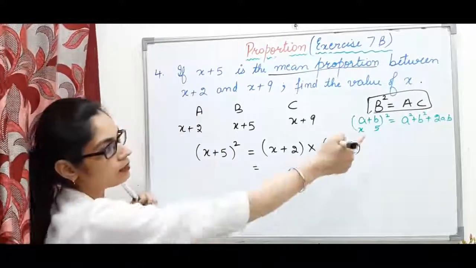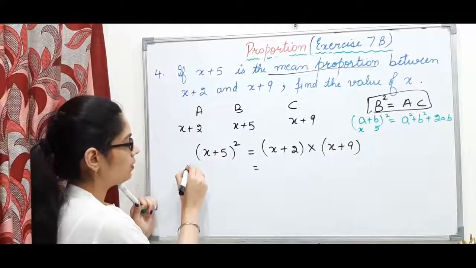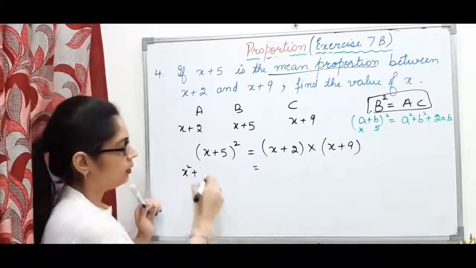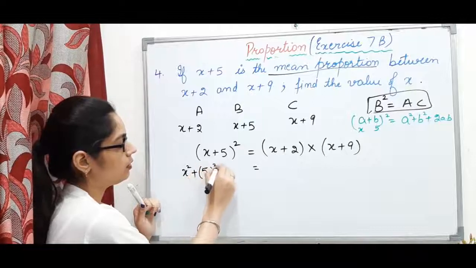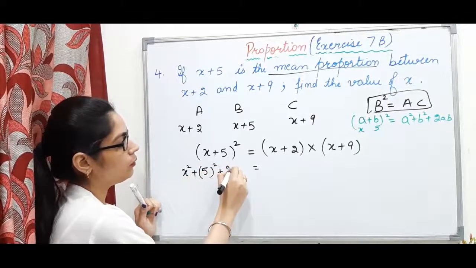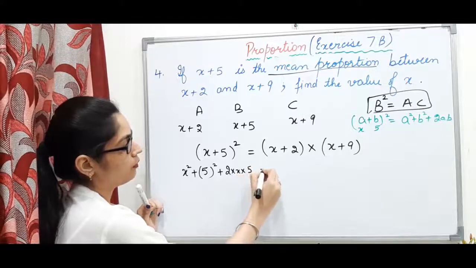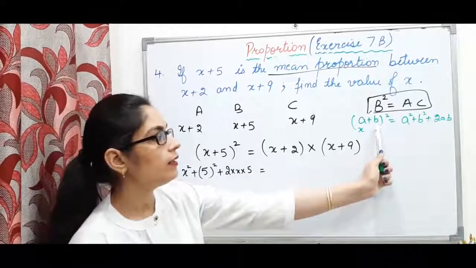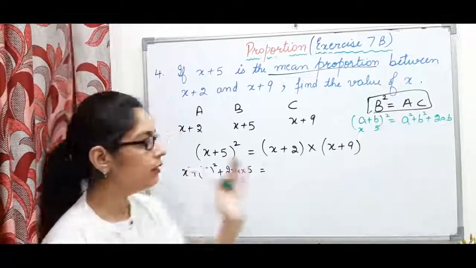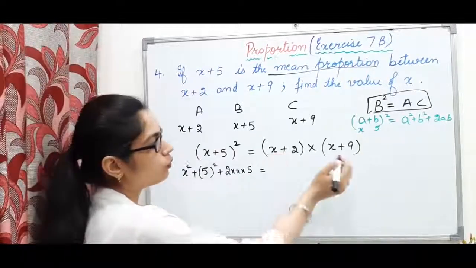So, A square means x square plus B square. B square means 5 square plus 2 into A into B. So, 2 into x into 5. Just identity, this one I have expanded accordingly. Now, these two brackets are there.